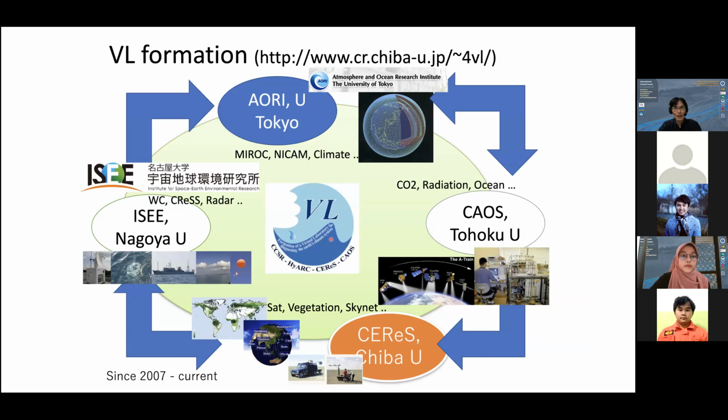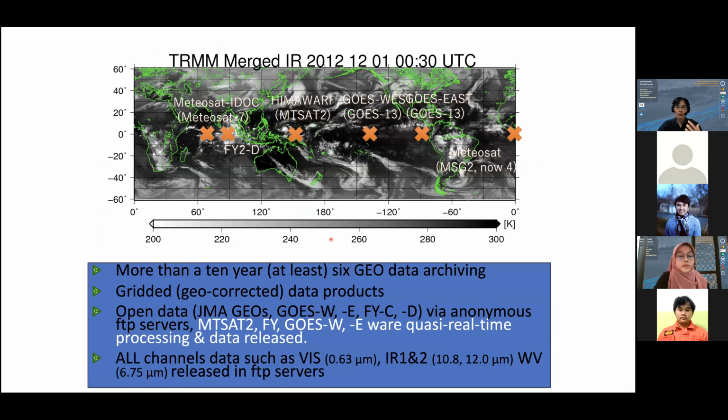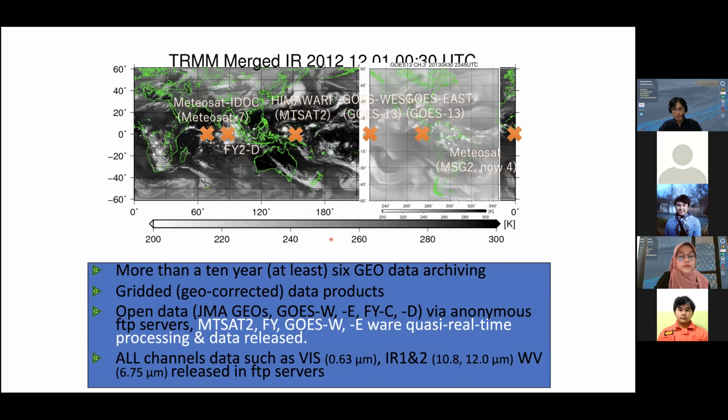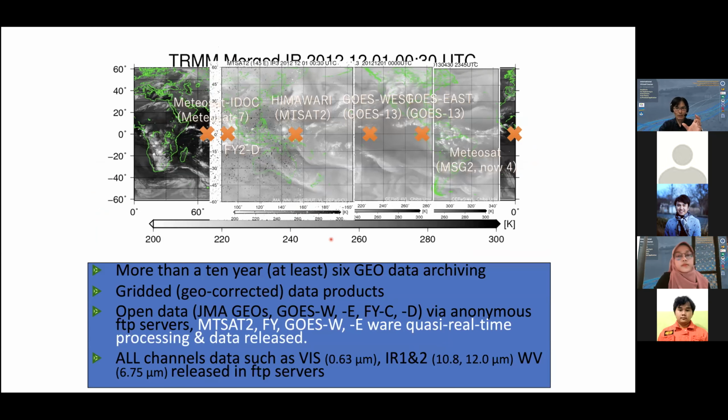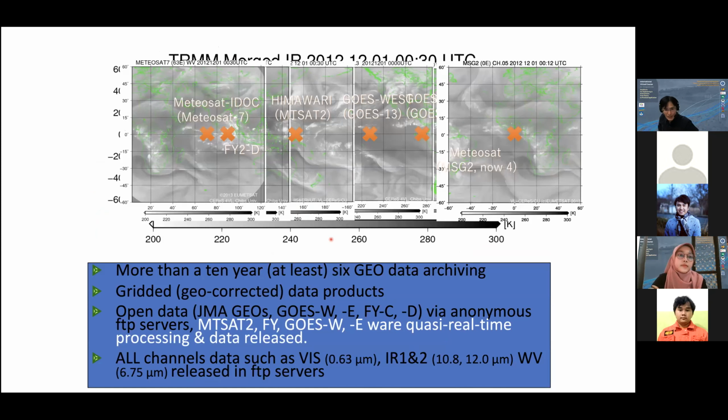We collect geostationary data not only from Himawari, but also GOES, Meteosat, EUMETSAT, and also Chinese satellites. We get the data and convert it like this, and you can also get such datasets through anonymous FTP.